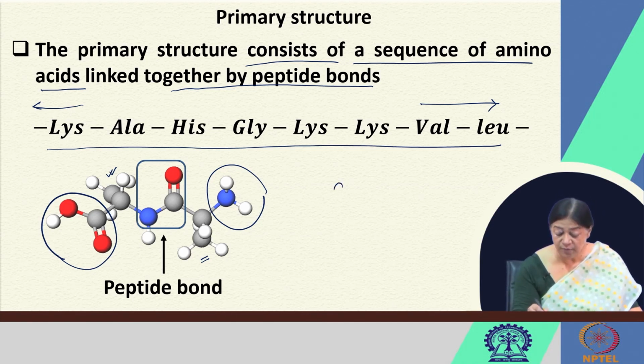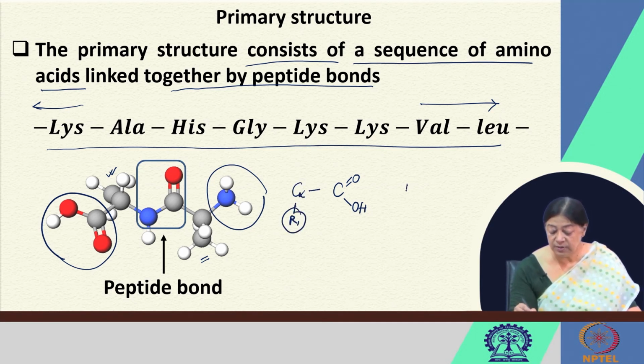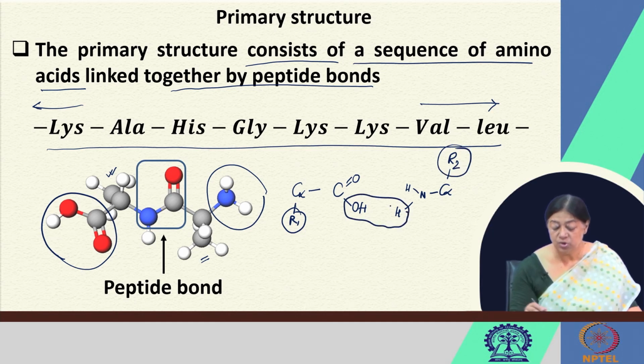It is formed from the COOH of amino acid number 1, say, that is going to condense with amino acid number 2, say. And what do we have? We have the loss of water, as we saw in the lecture on the peptide bond, and we have the C double bond O NH form.